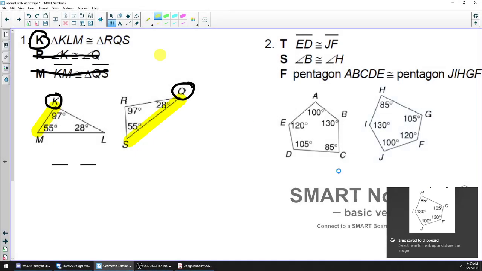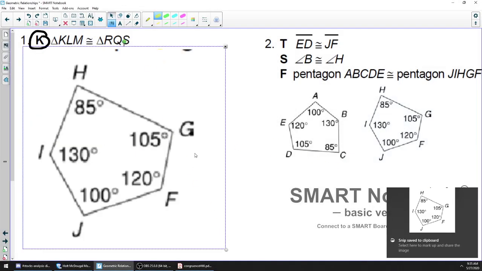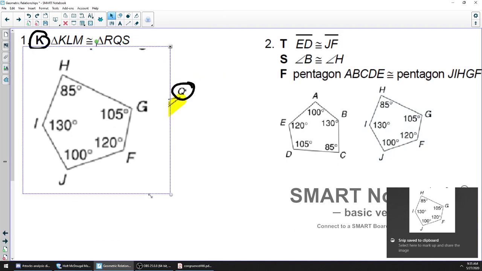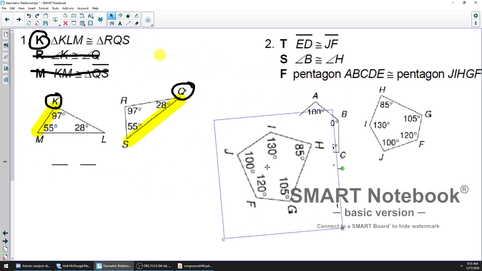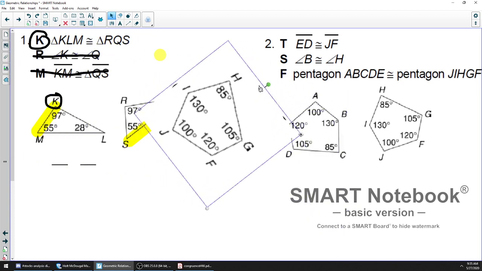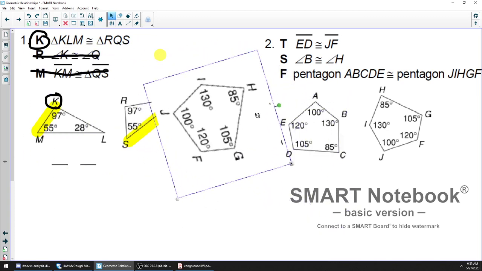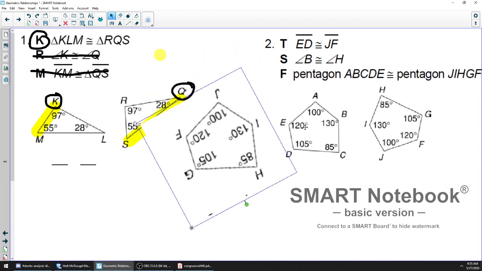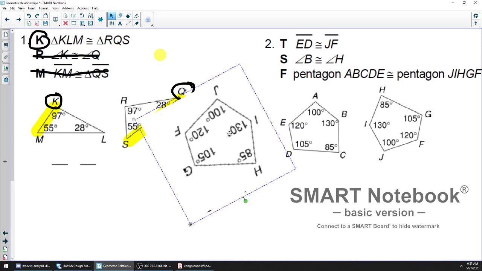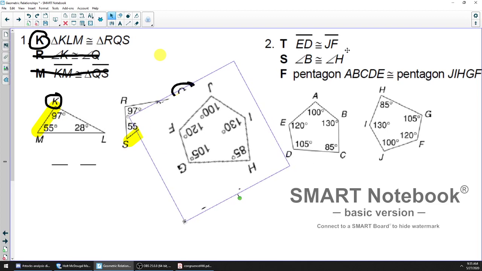I'm going to take this. I'm going to flip it so it kind of matches. No, that doesn't look right. Does this look right? Yeah, 100, 100, 120, 130, 105, 85. So let's use this as a reference whenever we need it.